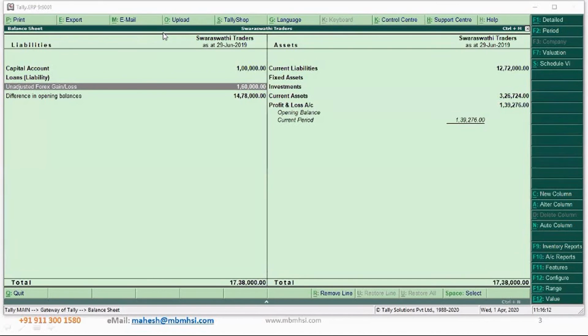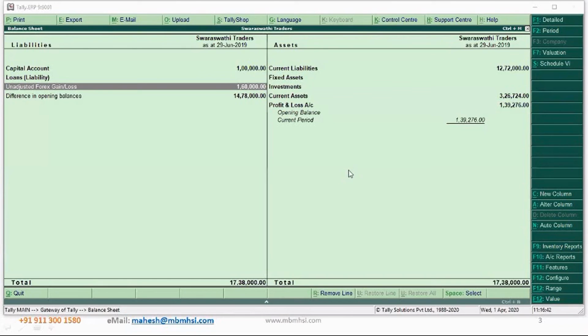The first 60,000 was paid at 23 rupees, where we gained 2 rupees, which is 1.2 lakhs. In the second partial payment, we made $40,000 and gained 1 rupee, which is 40,000 rupees. So 1.2 lakhs plus 40,000 is 1.6 lakh, which is our gain.